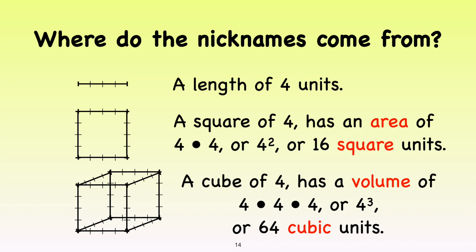It could be a room 4 meters on a side holding air, or it could be a block of cement 4 inches on each side. The room would have a volume of 64 cubic meters of air. The cement block would have a volume of 64 cubic inches of cement.